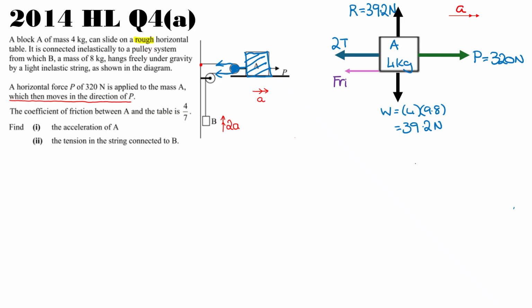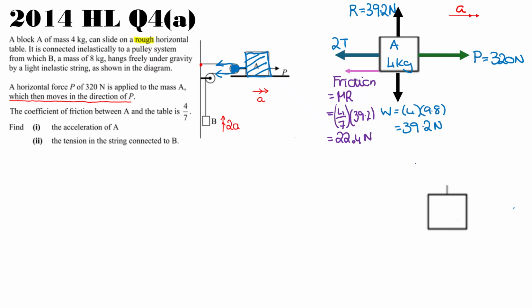Our friction is calculated as mu times R, where mu is given as 4/7, and our R is 39.2. So that works out as 22.4 newtons. And there's no other forces acting on particle A.